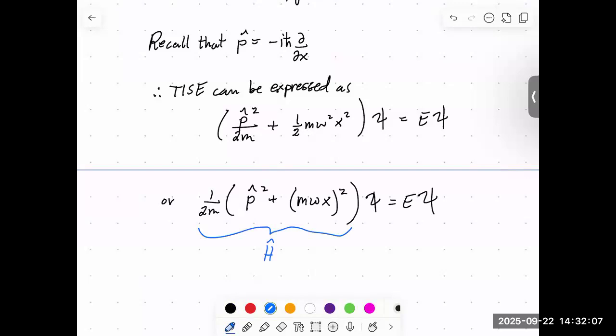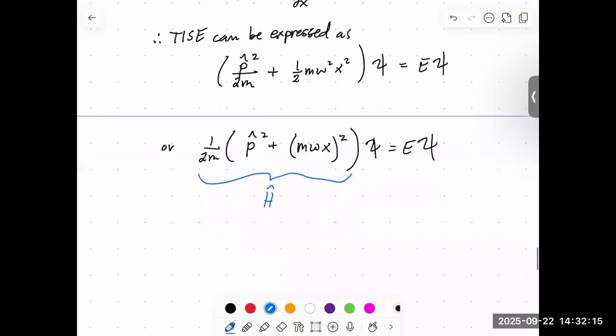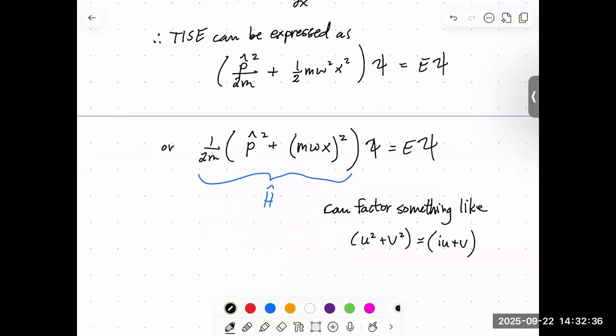Now, if you had that not in terms of operators, but just in terms of numbers, you could factor that. So suppose we had u squared plus v squared. I could write that if I wanted to as i times u plus v, minus i times u plus v. If you multiply this out, what are you going to get?